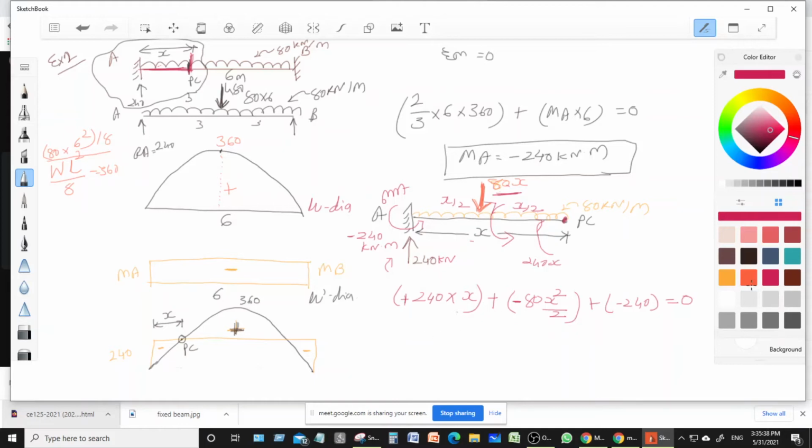Okay. So if we simplify, it is going to be minus 40x square plus 240x minus 240, equal to 0. So this is the quadratic equation. Here you just simplify the equation, and you will find the value of x by finding the delta.